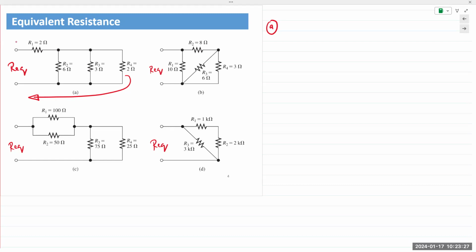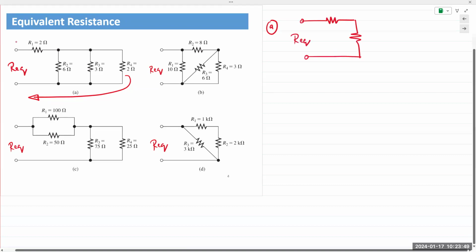So when I start at the farthest end, I see R4. R4 is in parallel with R3, is in parallel with R2. 3 resistors in parallel. Okay, so my REQ in this case, I can reduce and redraw the circuit in this manner.